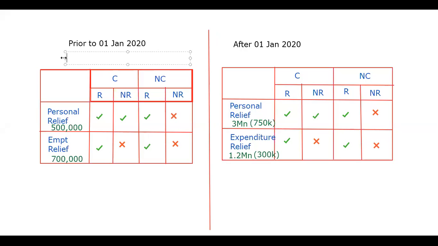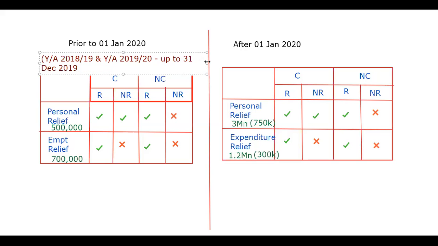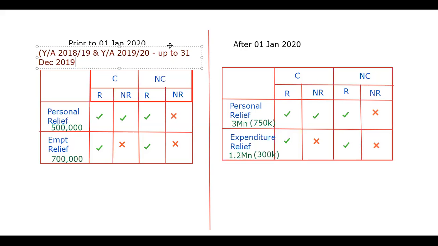What year of assessment? 2018/19, and the year of assessment 2019/20, up to December 31st, 2019. Here, this is the basis, right?